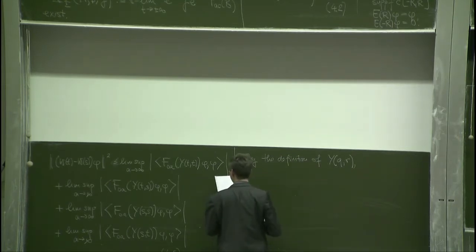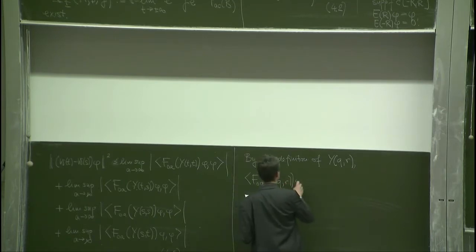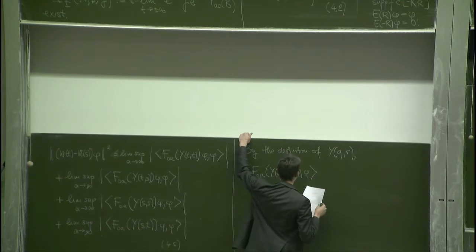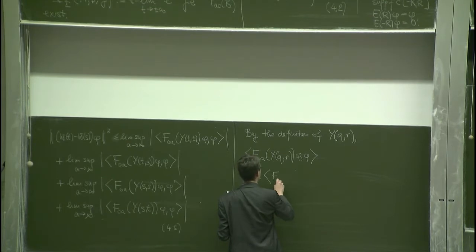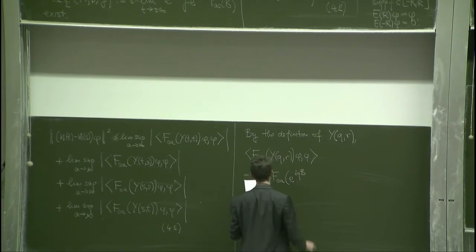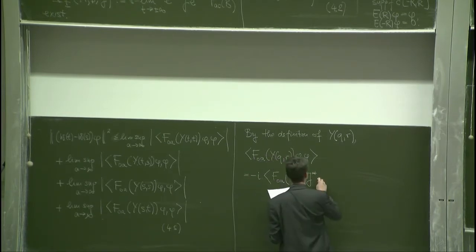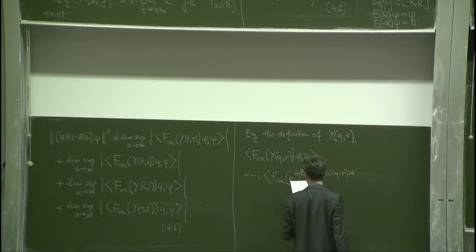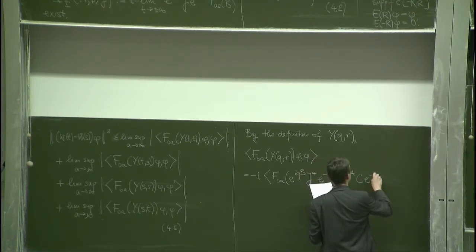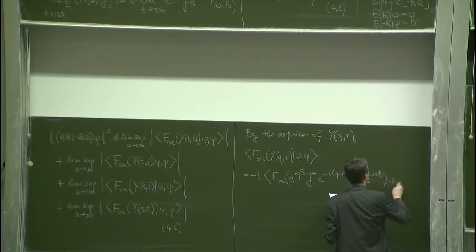We find that this scalar product of f 0a of y qr phi times phi, this is nothing but, simply look back to the definition of this y, then you find that it is minus i times the scalar product of f 0a, exponential i qb, j star, exponential minus i q minus r a c, exponential minus i rb phi times phi.